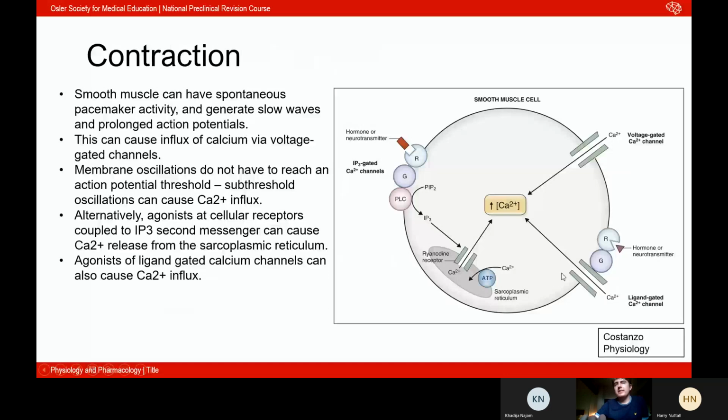There can be ligand gated calcium channels, and there can be ligand gated IP3 G protein coupled receptors that can release calcium from the intracellular stores. But the common substrate, as with the other types of muscle, is the upregulation of calcium and the increase in calcium in the cell.